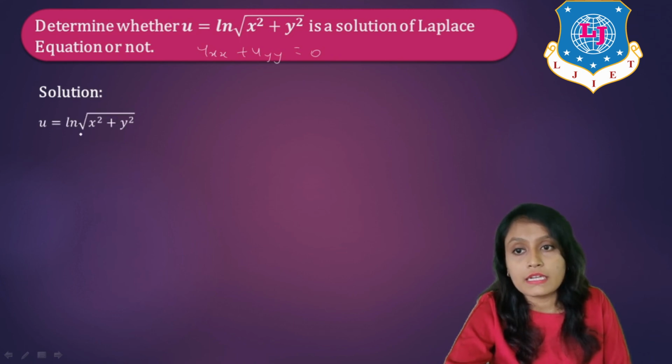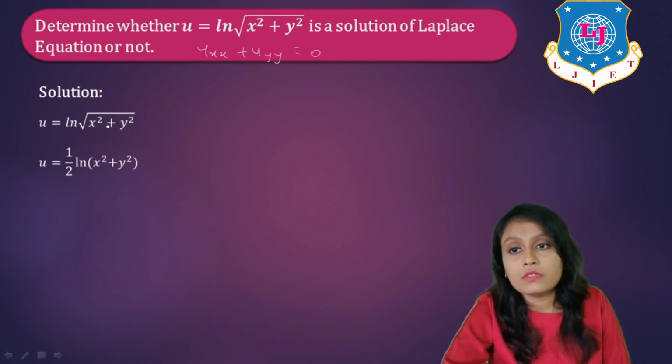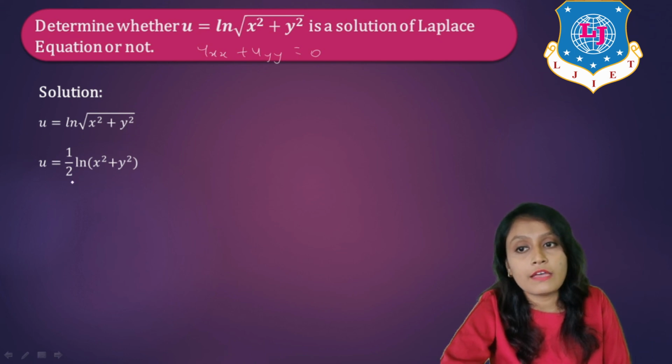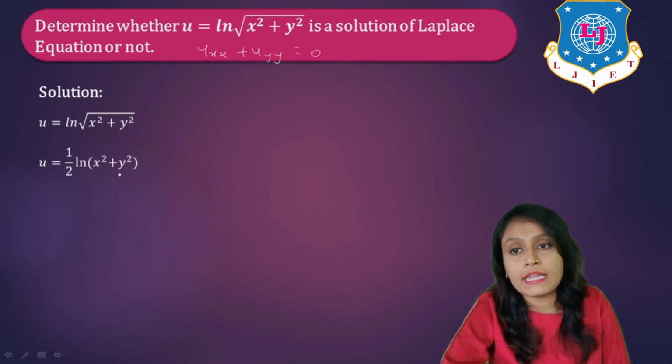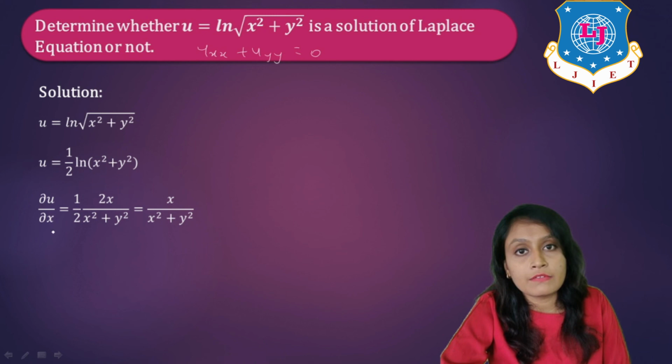Here u is given, that is ln under root x square plus y square. So write down this under root as 1 by 2 and bring 1 by 2 here. So here we have u is equal to 1 by 2 ln x square plus y square. Next, firstly we will find del u by del x, that is derivative of u with respect to x keeping y constant. So 1 upon 2 as it is.